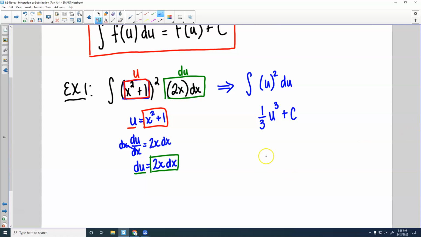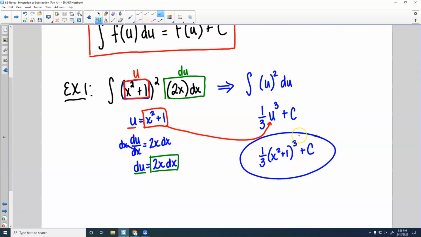So if I took the derivative of this, it would not give me this answer right here. So now I just want to take that x squared plus 1 and plug it back in for my u over here. And I'll get 1/3 x squared plus 1 to the third power plus c. And that will be my answer.